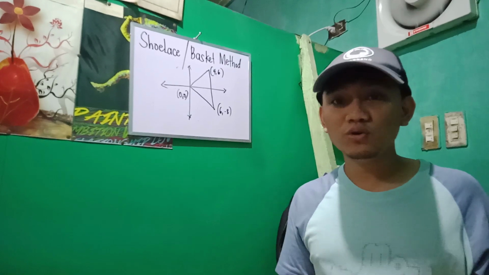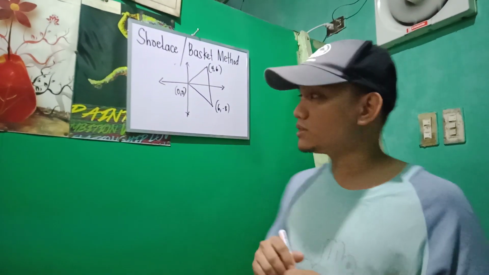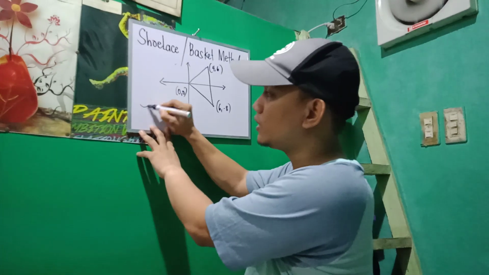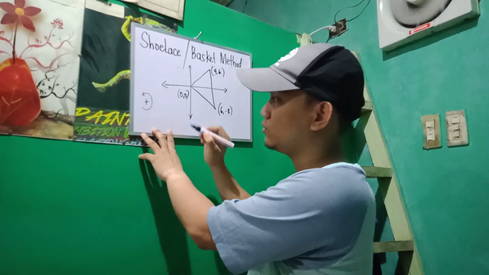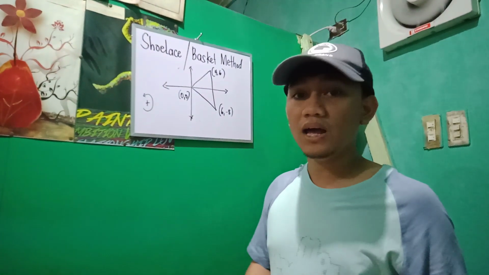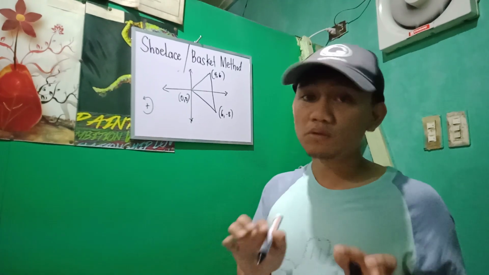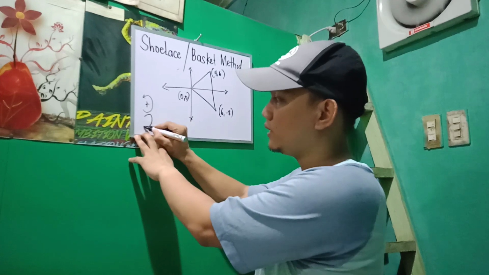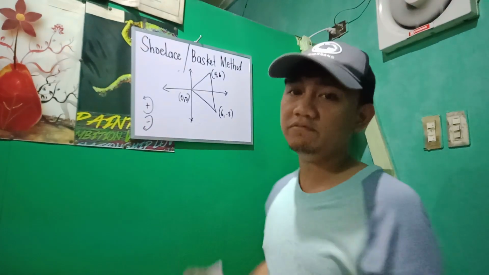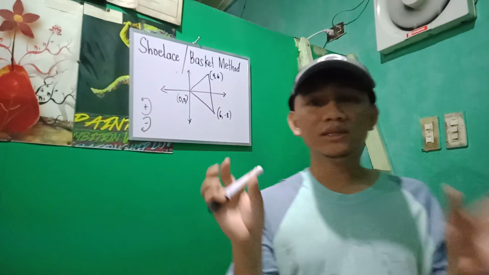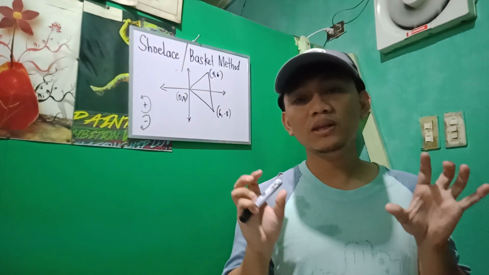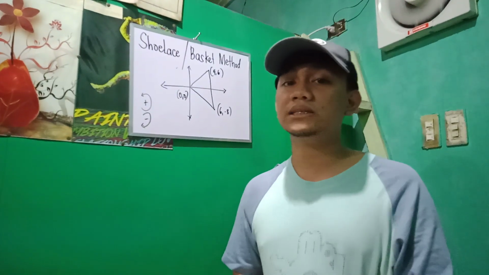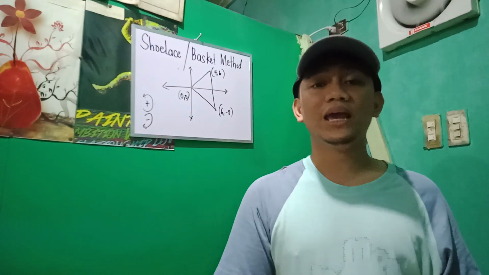Kung gusto nyo na makakuha kayo ng positive area, you have to consider the counterclockwise direction. So this is positive area. Kapag ginamit nyo clockwise, okay lang naman, kasi ang makukuha nyo pa rin is area, kaya lang naka-negative siya. So para mas maging synchronized tayo, mas okay na gamitin natin yung counterclockwise kasi positive yung makukuha natin na area.